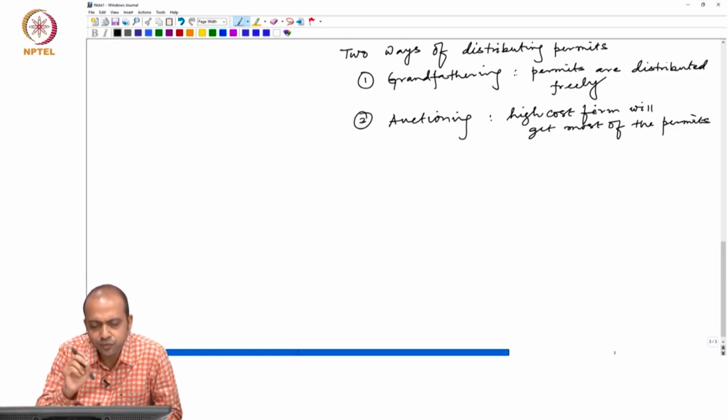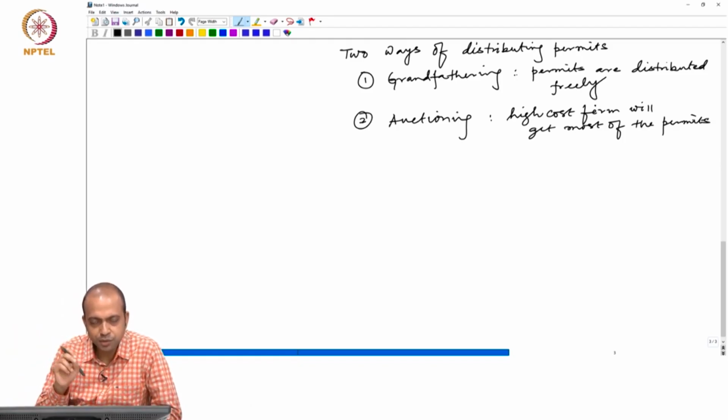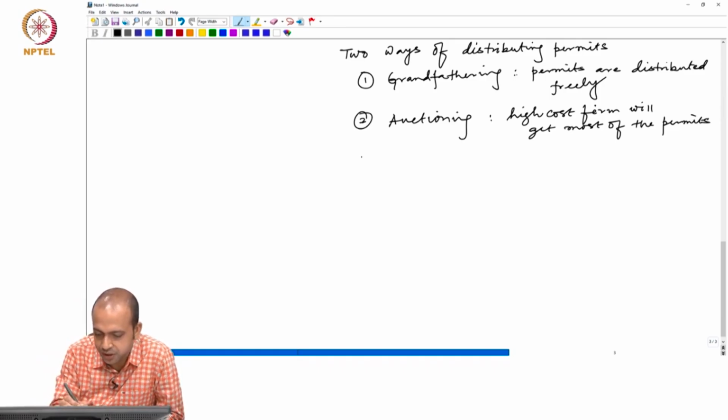If the information is perfect, the policymaker is completely certain about marginal cost and marginal benefit, then it can be proved that M equals T equals MB equals MC.